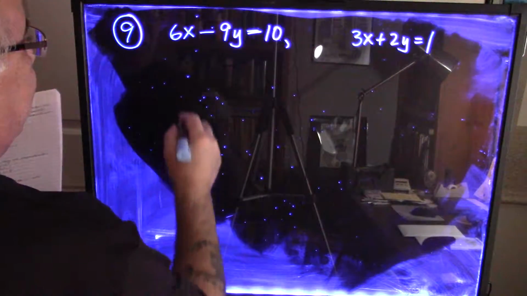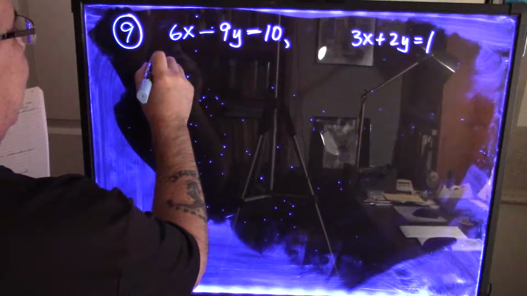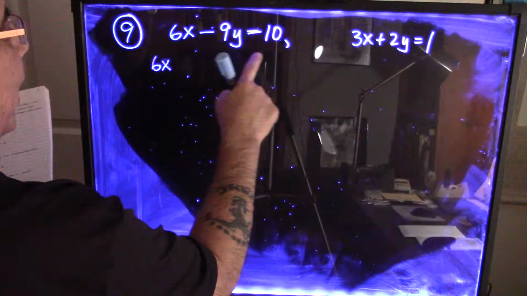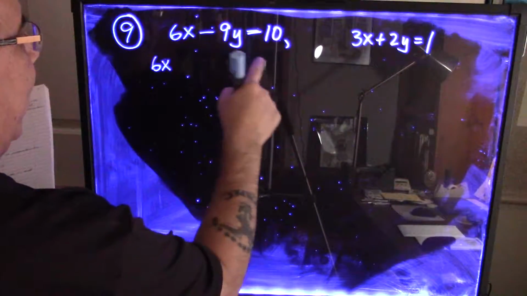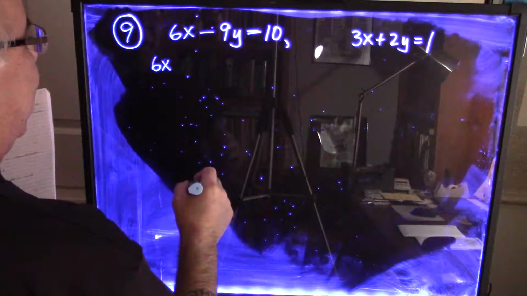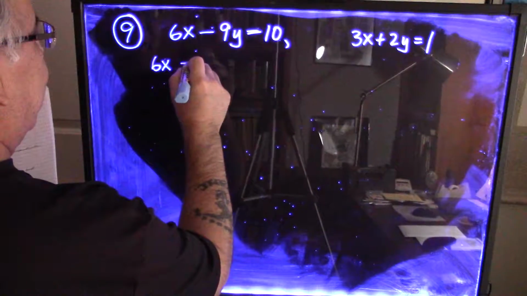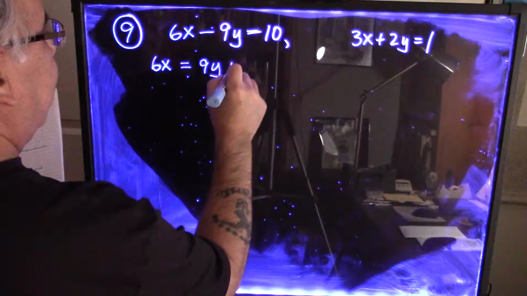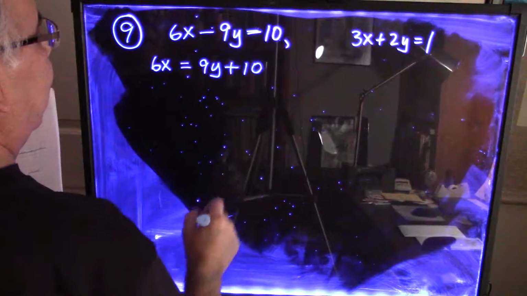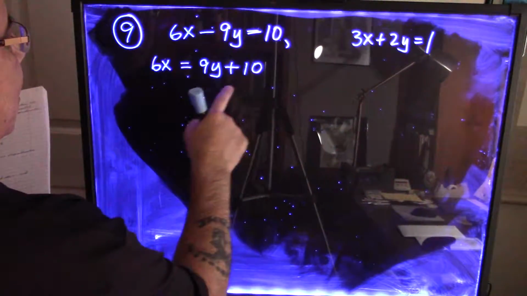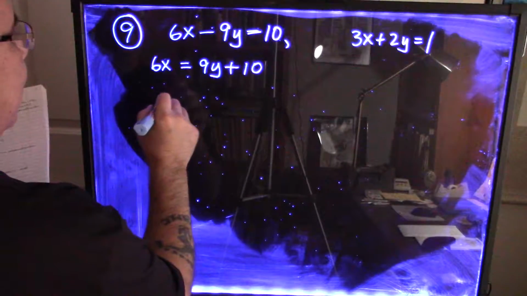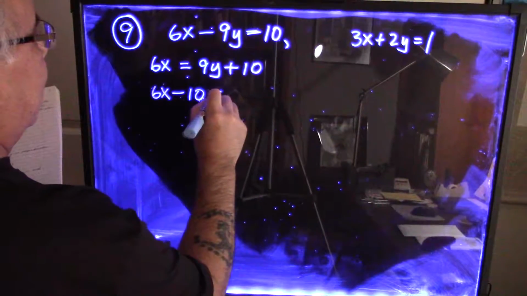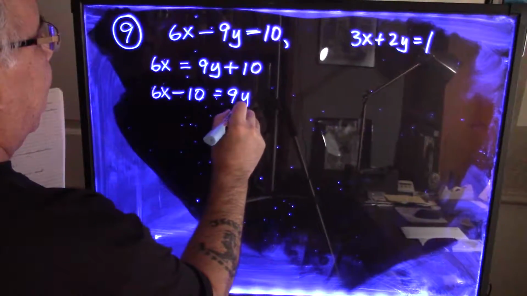Leave the 6x on the left side, transpose the negative 9y to the other side, or just add 9y to both sides. You can look at it either way. And that gives you 6x equals 9y plus 10. Now we want to transpose the 10 to the other side, so 6x minus 10 equals 9y.